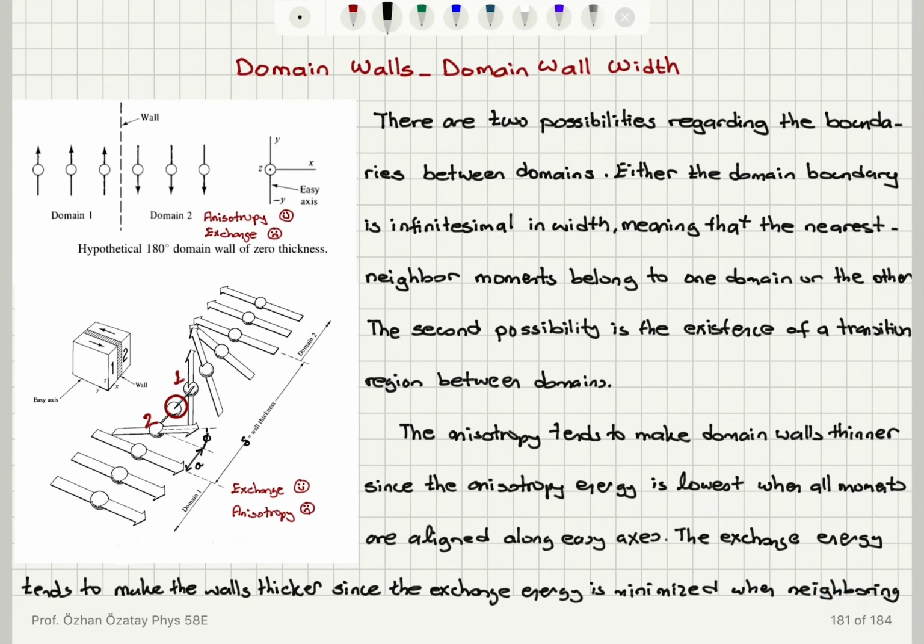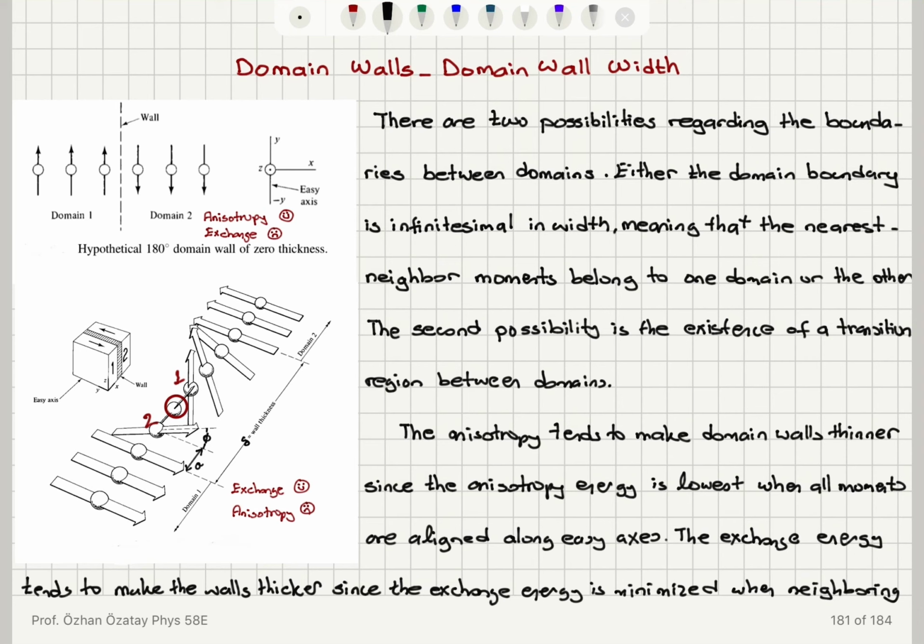Okay, so we talked about domain walls and domain wall width. The domain wall is the boundary between two regions, domains, whose orientations are determined by the anisotropy in the sample, and its width is determined by a competition between two energies, exchange and anisotropy. The exchange energy drives a transition, a finite domain wall width.